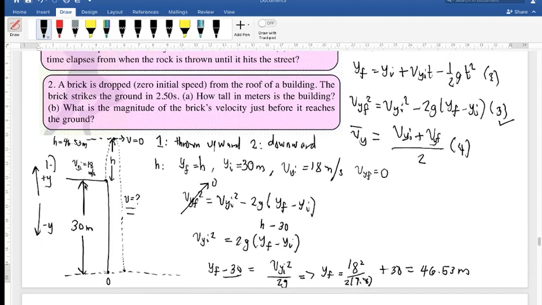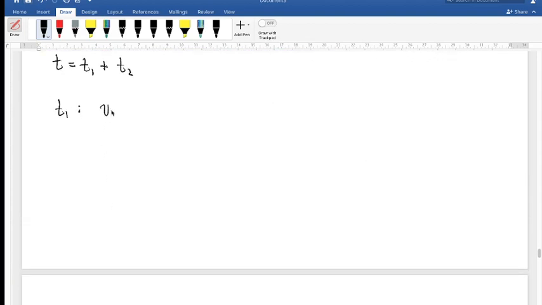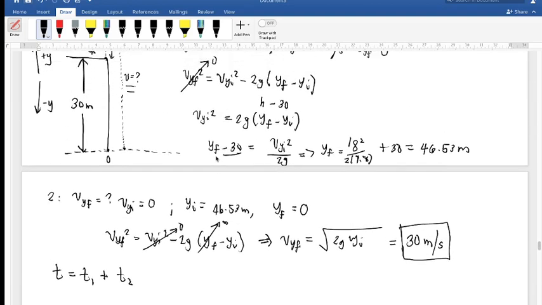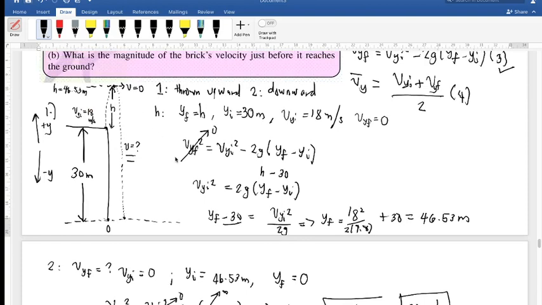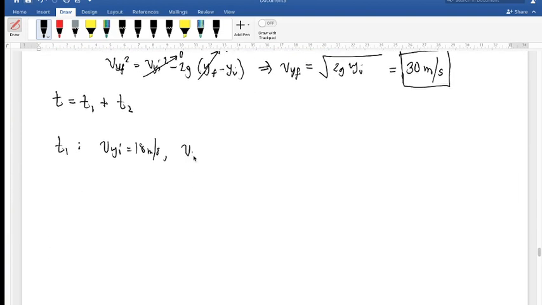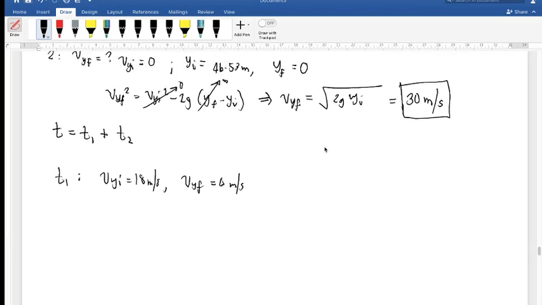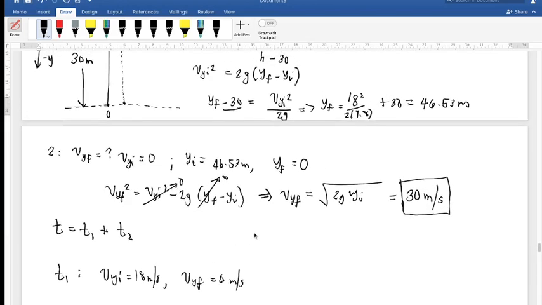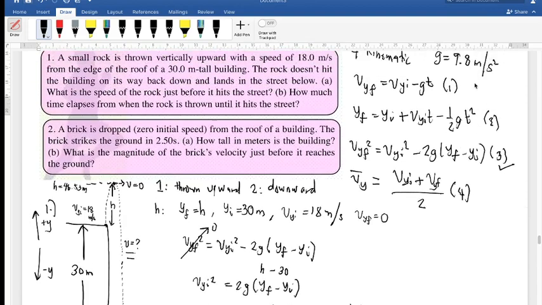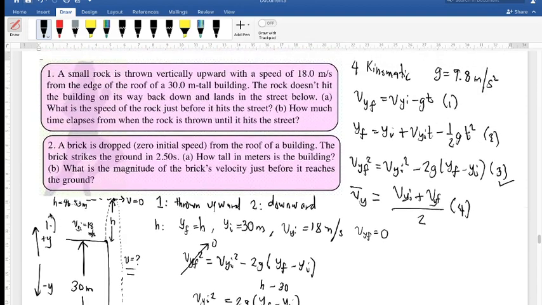So here, meron tayong vyi sa event 1, which is equal to 18 meters per second. And then next, meron din tayong vyf, which is equal to 0 meters per second. So basically, makukuha natin ang time using equation 1.